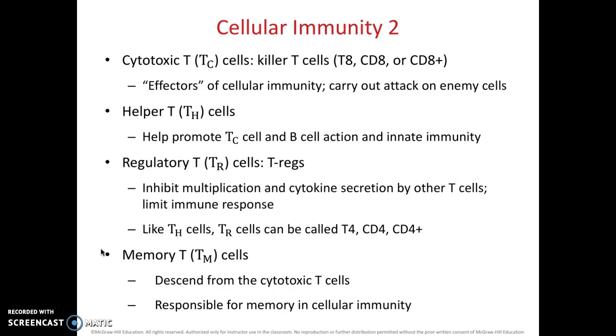So just like T cells, they can be called T4, CD4, CD4 plus, but you don't need to know these designations. Memory T cells descend from cytotoxic T cells and are responsible for the memory in cellular immunity. Remember, that's unique to the adaptive immune system where they can remember that antigen because they've formed antibodies for them.